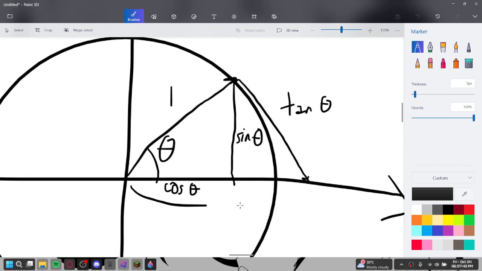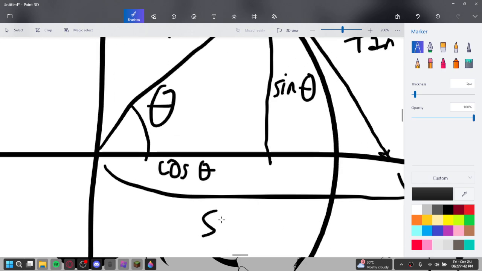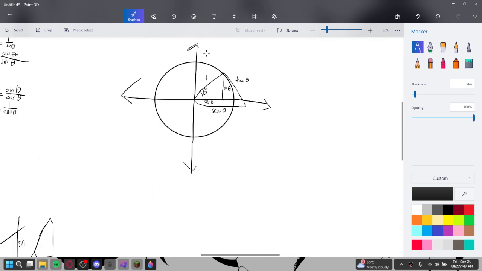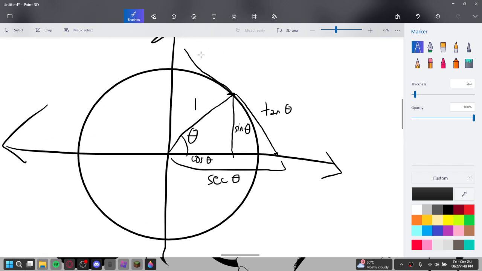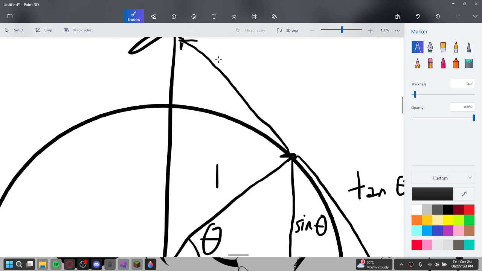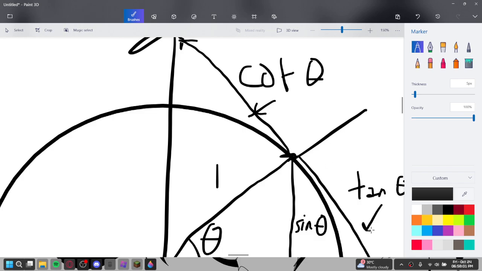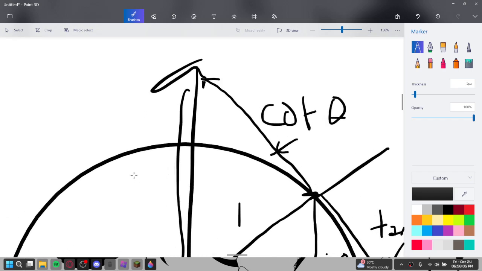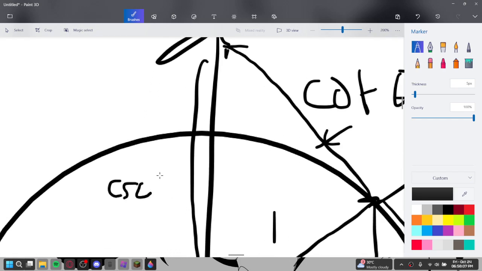And this length here is the secant of theta. And if we draw another tangent line to the y-axis right here, this length here is the cotangent of theta, and this length here is just the cosecant of theta.